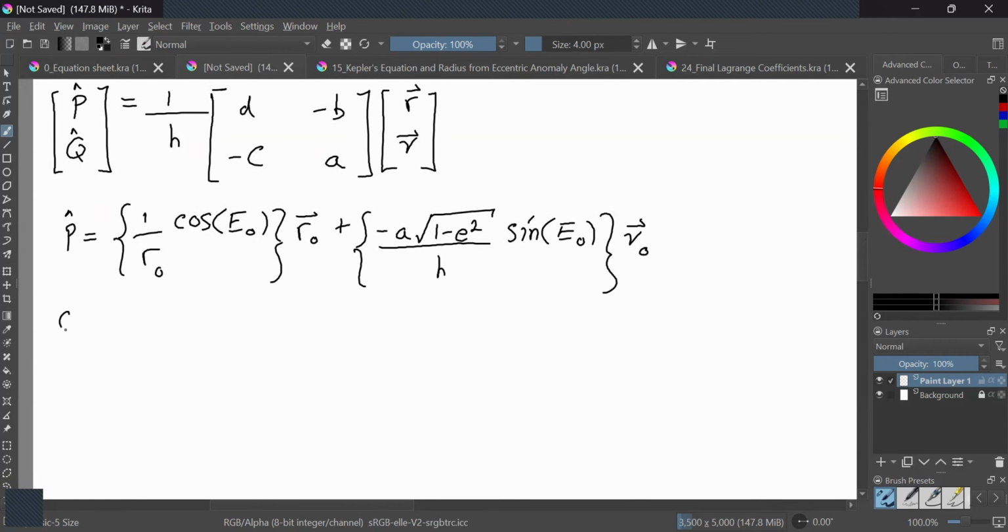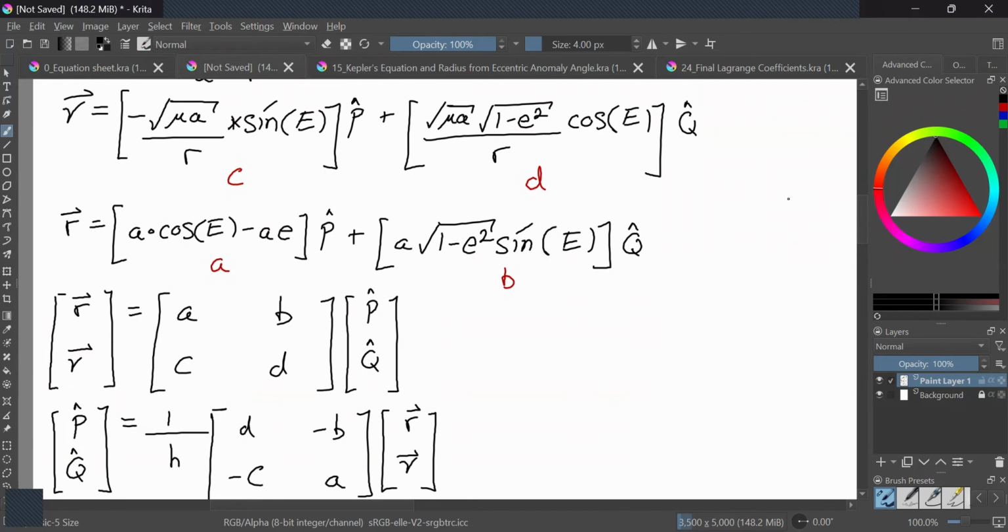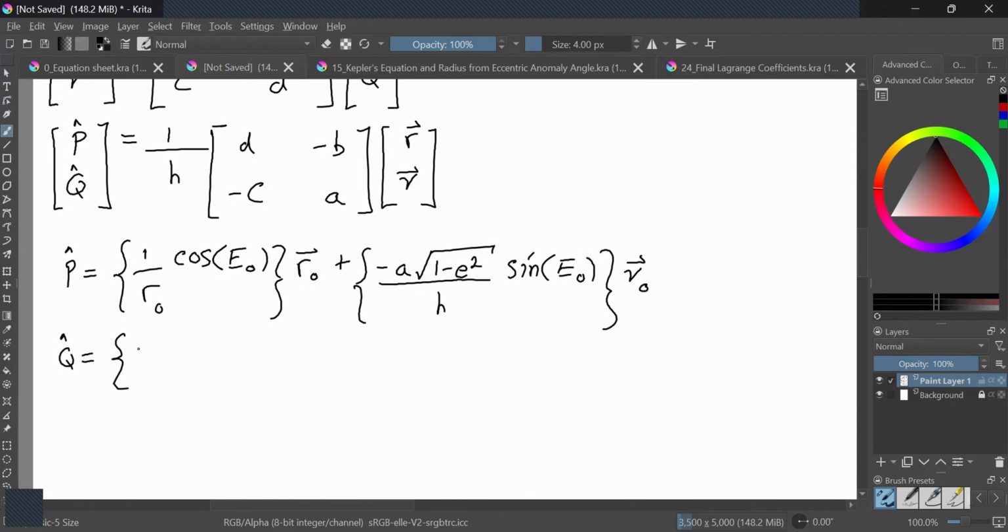We now will work with q. I'll work to find q hat, which is going to be minus c, being already a minus, so we can negate that. Square root of mu times a over r times h.